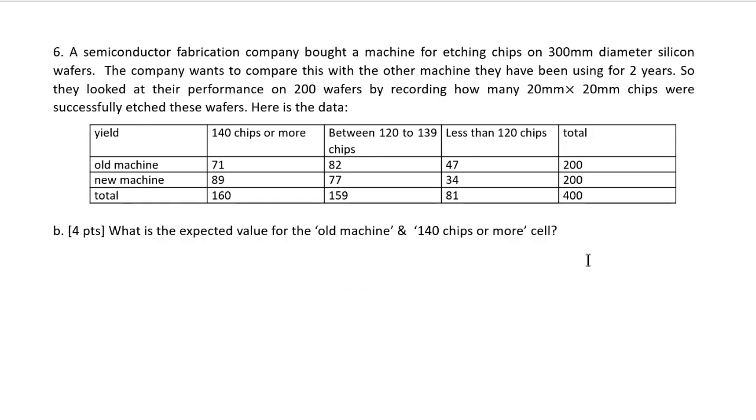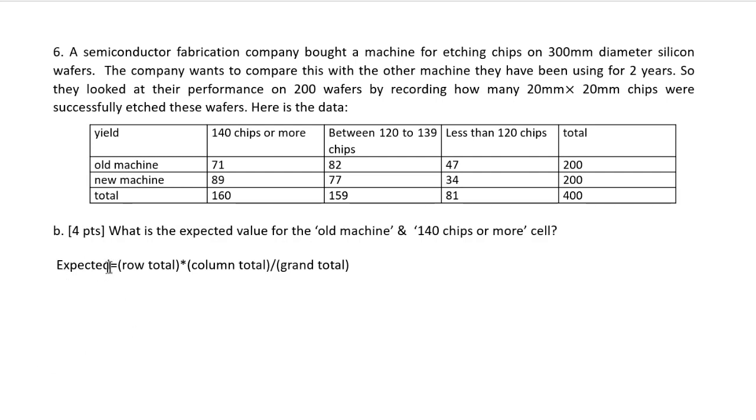What is the expected value for the old machine and 140 chips or more cell? The old machine and 140 chips or more is this 71. The expected value that should be in here, if these values were given purely by chance, is computed by this formula.